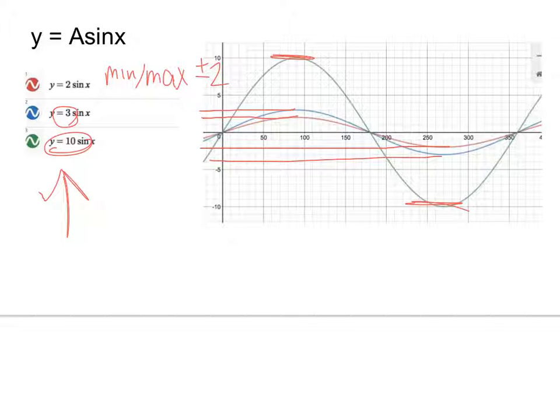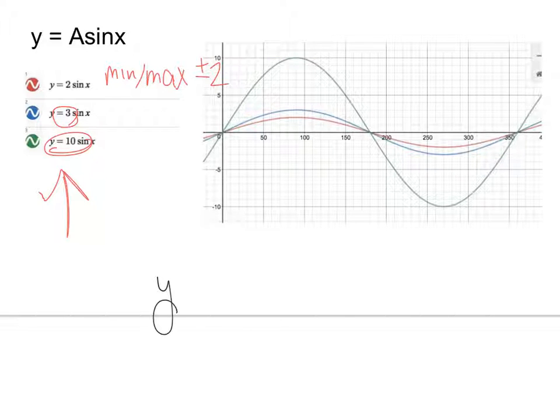If I look back to the previous slide, we just say amplitude is the distance between a maximum point and the midline. Here for this one, the midline is the x-axis. So the midline is y equals 0.